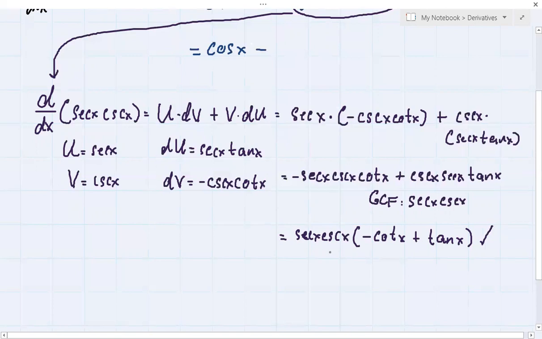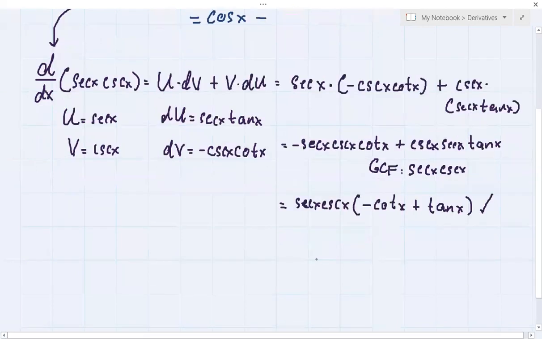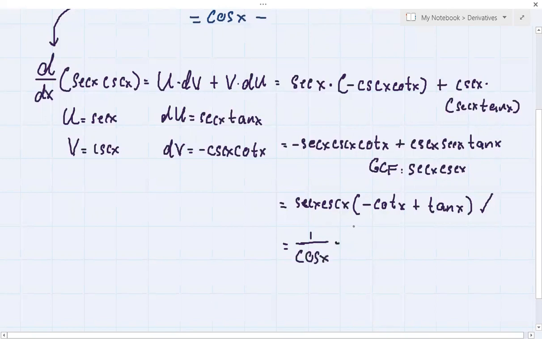For me, I'm going to stop right there, and that will be the answer. Or, if you want to convert it into sine and cosine functions, sure, why not? There's no problem with it. Remember that secant x is 1 all over cosine x, times cosecant x, which is 1 all over sine x.